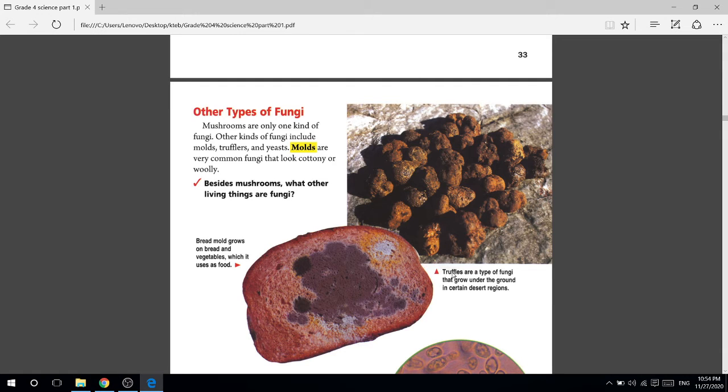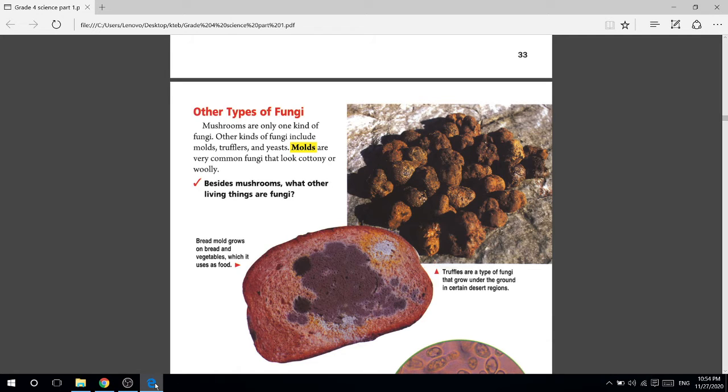Okay, and this one, truffles, are a type of fungi that grows under the ground. That one also grows under the soil, under the ground, in certain desert regions.